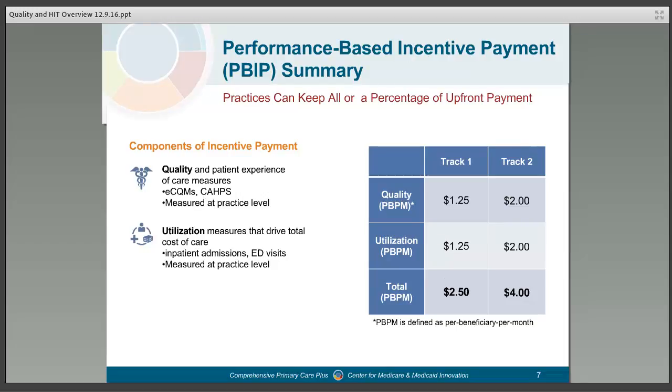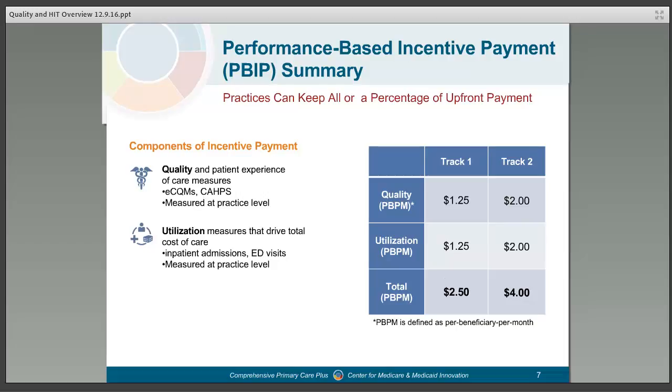So the reward, which is the performance-based incentive payment, is broken into different categories. There's a quality category and a utilization category. Essentially, half of the reward is attached to each. And depending on which track you're in, the award amount will vary. So you can see the track 1 amounts, $1.25 for quality and utilization, and track 2, $2 for quality and utilization.